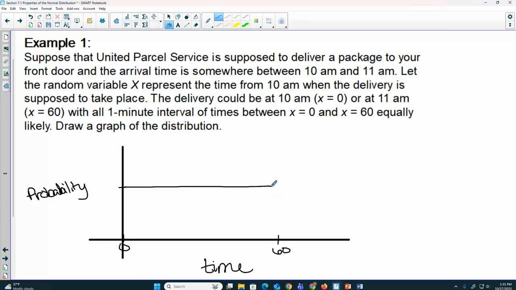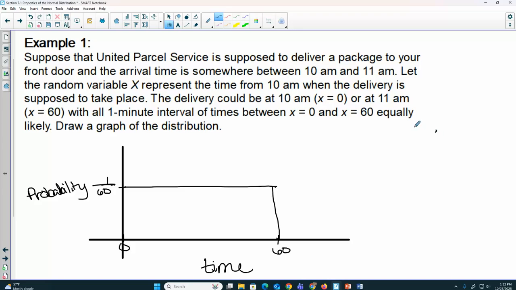Could you tell me, though, what that probability is? How did you get that? 1 divided by 60. Okay. I'm just going to keep it in fraction form just for the ease of labeling on our graph. Why would I do 1 over 60? There's every minute in an hour, there's 60 minutes in an hour.